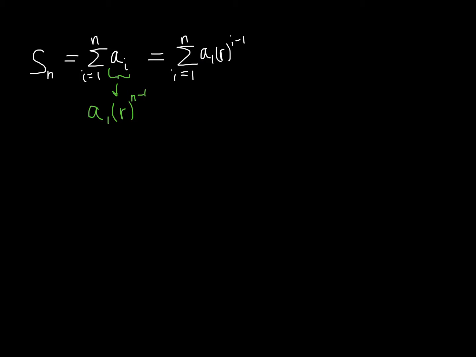If I were to write out the sum, I would start with a sub 1, then a sub 1 times r, a sub 1 r squared, continuing all the way out until i is equivalent to n, where I'm going to have a sub 1 r to the n minus 1. That's going to be the last term of my sequence.